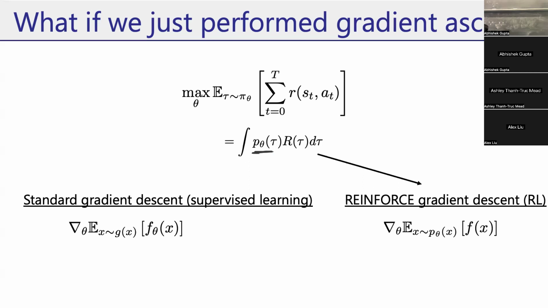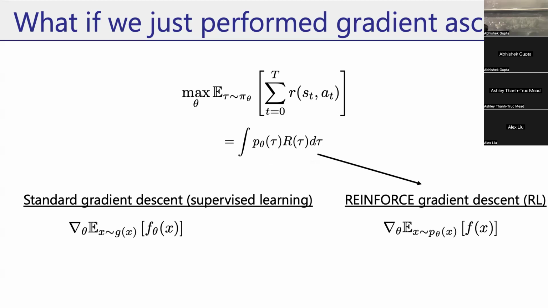If ever you have an objective, let's say max f of x with respect to x, you just do gradient descent to maximize that objective. You take the gradient of f and maximize it. So here we're going to take the gradient of this thing and move the parameters in the direction of the gradient.